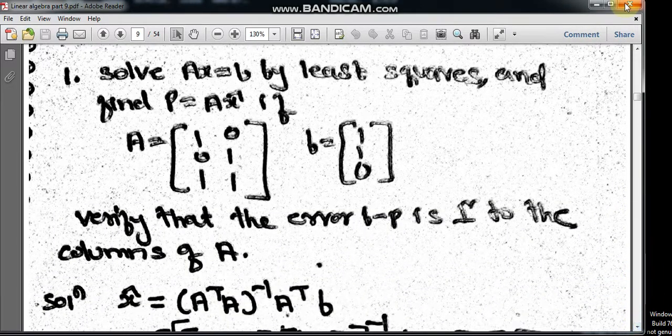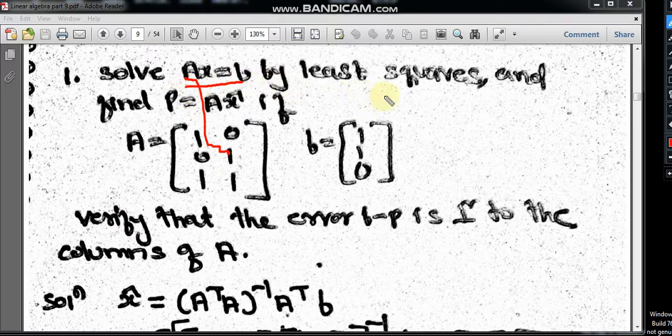So looking at the problems, you have a problem here: solve Ax equals b by least squares, and find P equals A x bar, if A is equal to this one, and also verify that the error vector b minus p is perpendicular to the columns of A. First we'll find x cap, that is the estimation of x.